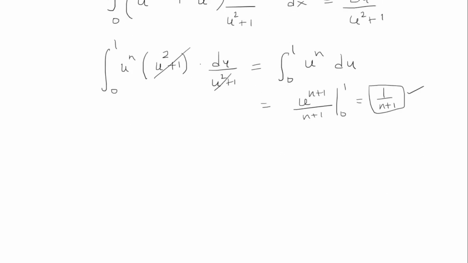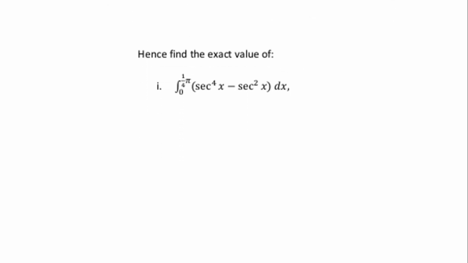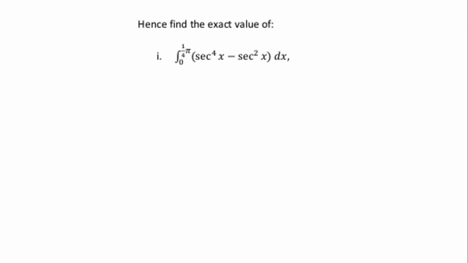Okay, let's move on to the second part. So now it says, hence, find the exact value of this integral. But you may be asking, well, they told us in terms of tangent, right? So if I were to rewrite what they had in the first part, the integral from 0 to pi over 4 of tangent to the n plus 2 of x plus tangent of x to the n dx, we said was 1 over n plus 1.